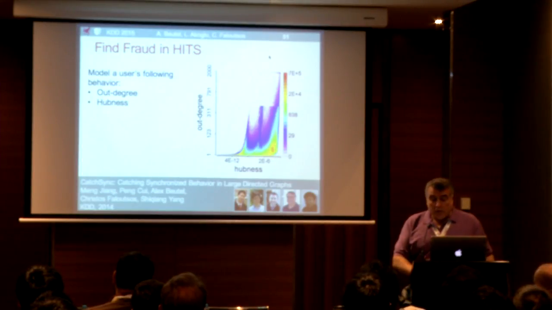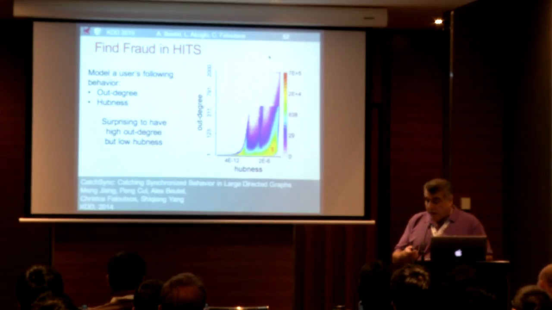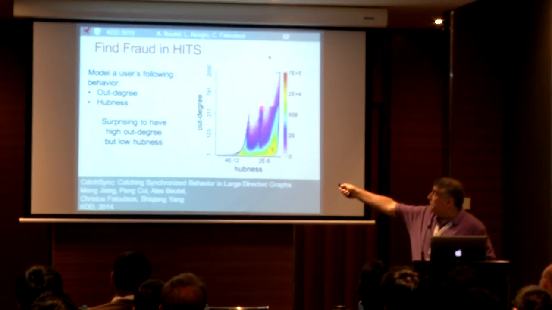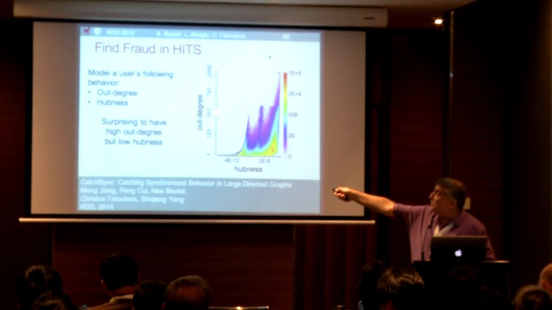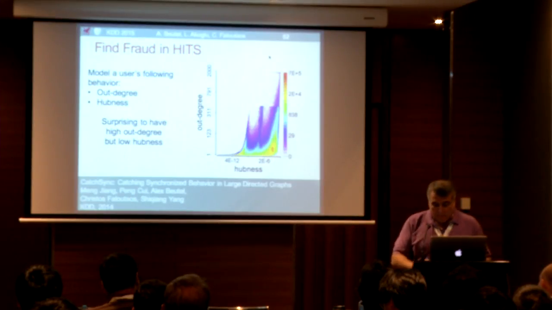Now the question is, what are the patterns and what are the anomalies? We notice that, for example, here, we have people who have high degree, 300, but their hubness is 10 to the minus 6, as opposed to 10 to the minus 3, which it should normally be. So this is suspicious, right?